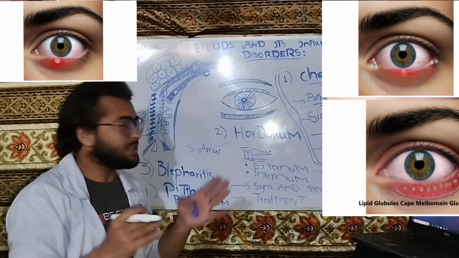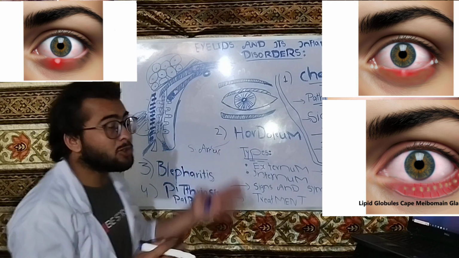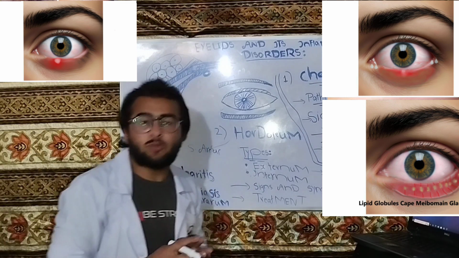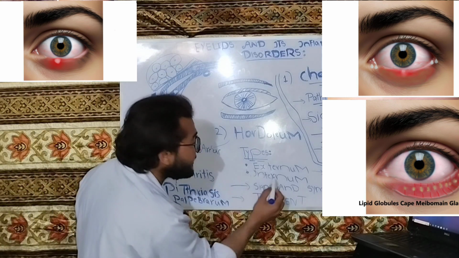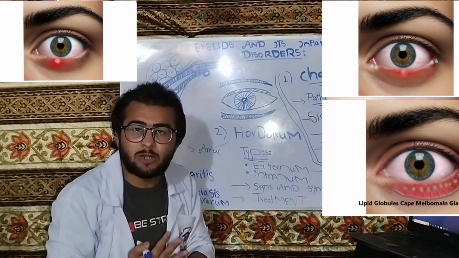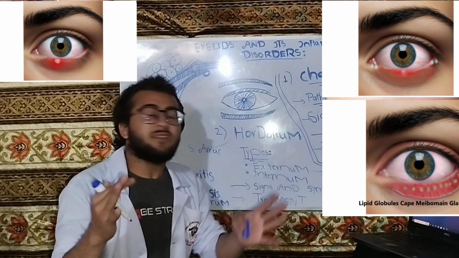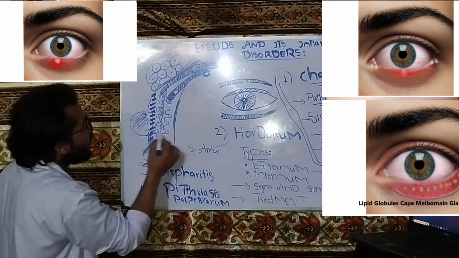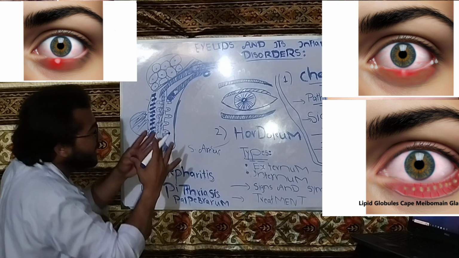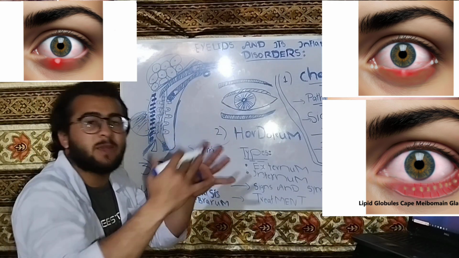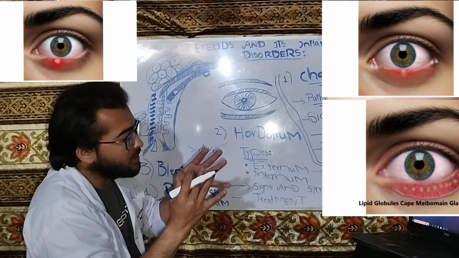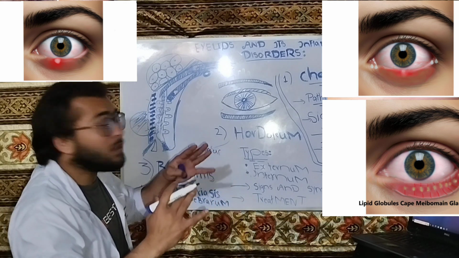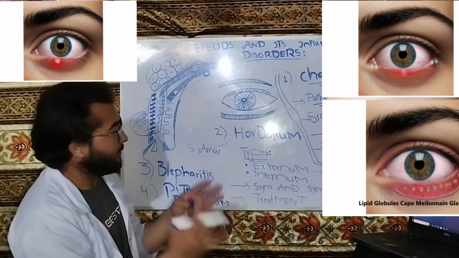The clinical presentation is the same as Hordeolum externum, but with a few differences. The tenderness and pain will be more in Hordeolum internum. Why? Because the gland is large and is present in a tough mass of connective tissue, as we discussed in the tarsal plate. So that's why it will create more tenderness and pain.